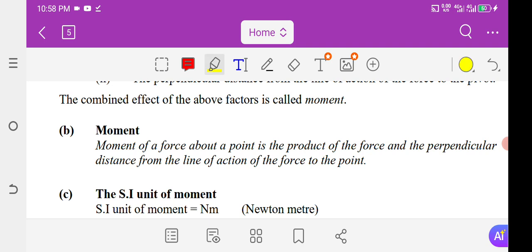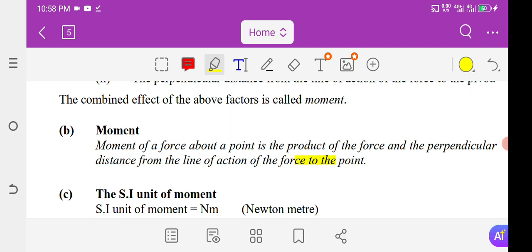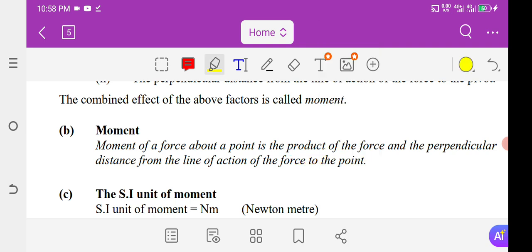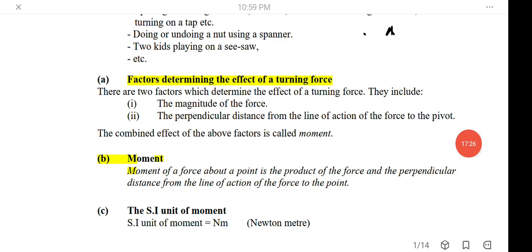Definition of moment. Suppose your teacher or your examiner asks you to define the term moment. So what is moment?